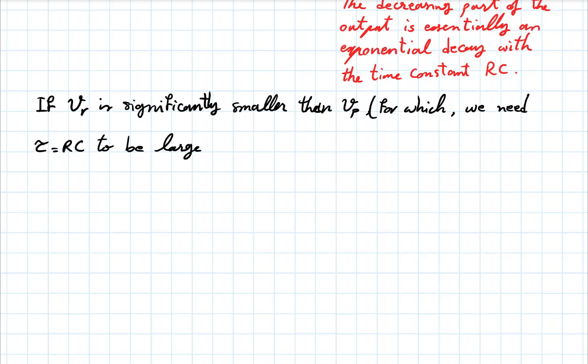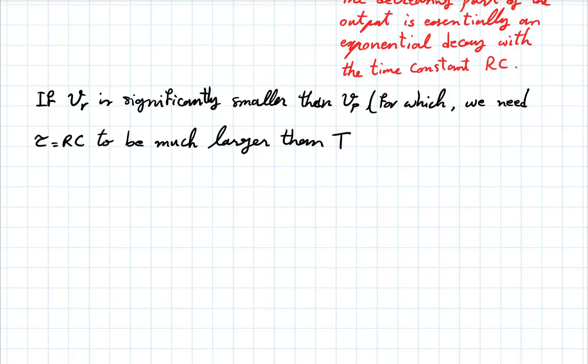It has to be significantly greater than the signal cycle. So during one cycle, it should not discharge much, right? So it should be large, or to be specific, much larger than T. So if we have this slow decay, and VR is significantly smaller than VP, then let's find an approximate expression for VR.